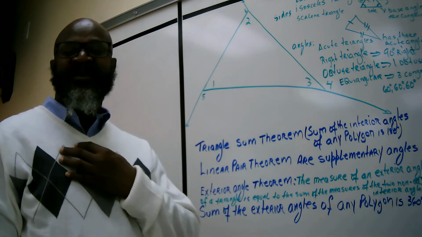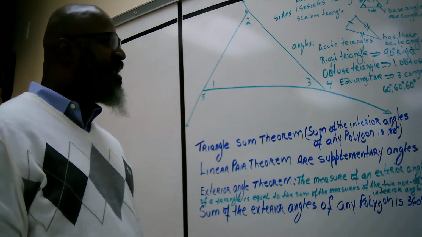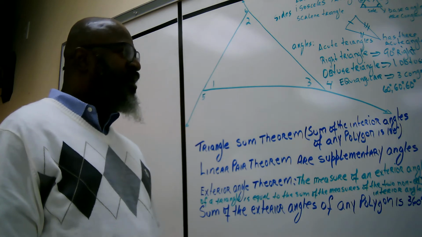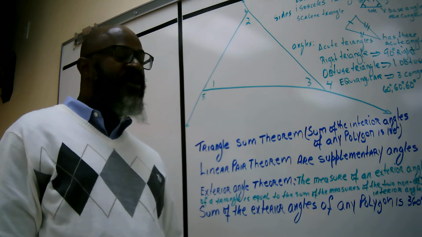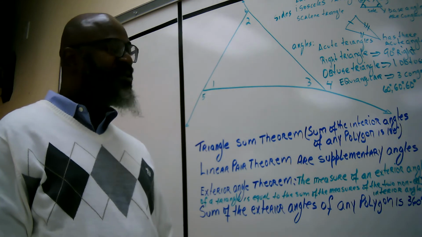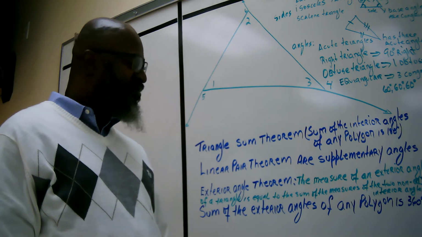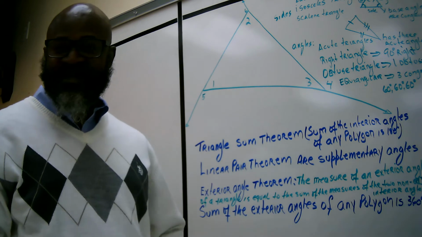If you don't see the number 90, you will see a rectangular box that indicates it's a 90-degree angle. An obtuse triangle must have an obtuse angle, and that angle must be greater than 90 but less than 180. And for an equiangular triangle, you have three acute angles where each angle will be exactly 60, 60, 60.